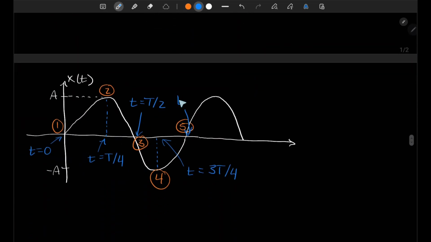Okay, so here, the point here occurs at t is equal to T, which is 2 seconds, right?